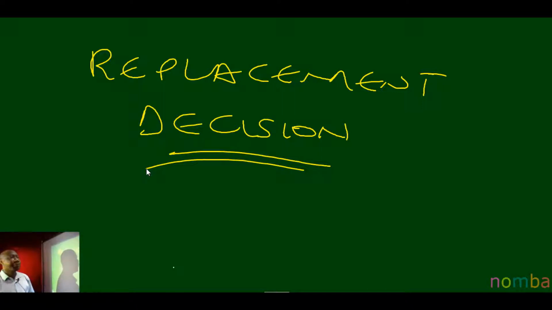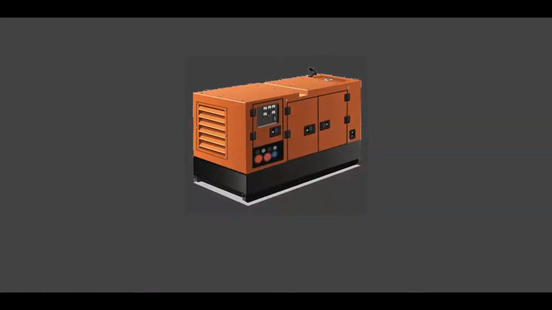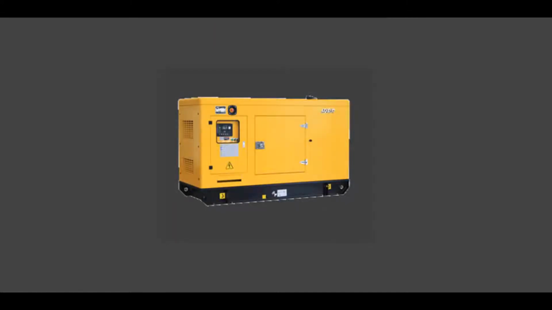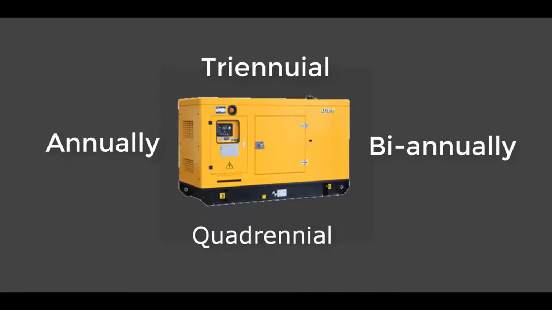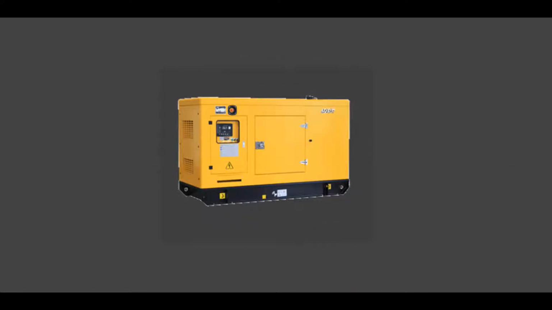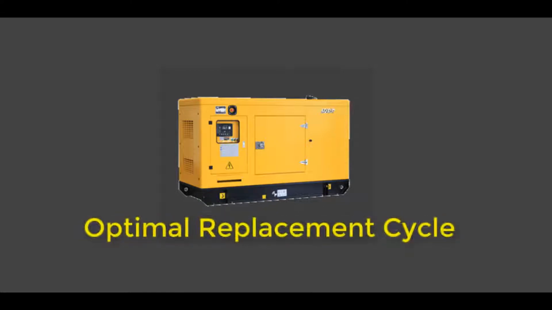As a matter of fact, in asset replacement decision, we need to consider the frequency at which assets should be replaced. Whether assets should be replaced annually or every 2 years or every 3 years or every 4 years. So we need to determine the optimal replacement cycle.